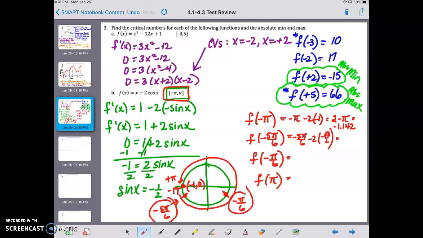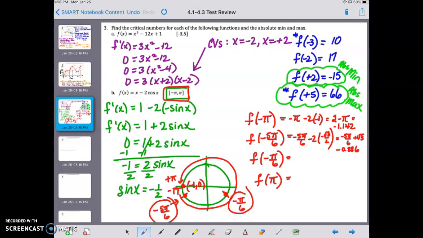So here I end up with negative 5 pi over 6. Negative times negative is going to make positive. The 2's are going to cancel. So basically I end up with negative 5 pi over 6 plus the square root of 3. And then you grab your calculator, and that is negative 0.886.